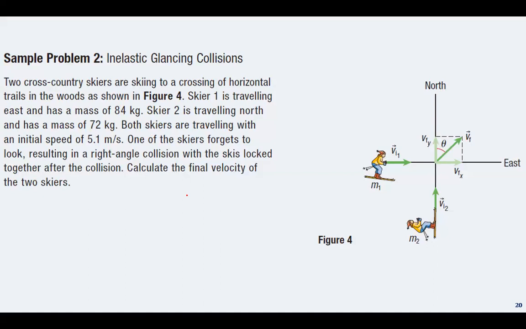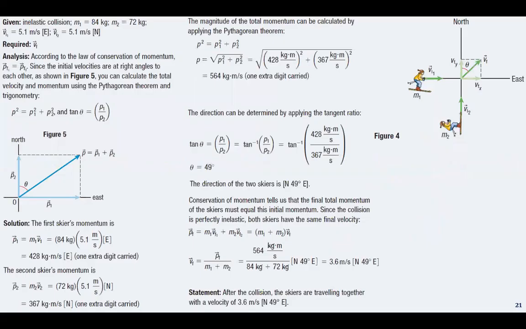All right, let's have a look at the solution together. Okay, according to the law of conservation of momentum, we have Pti equals Ptf, right? Since the initial velocities are at right angles to each other, which is shown here in figure 5, we can calculate the total velocity and momentum using the Pythagorean theorem and trigonometry.